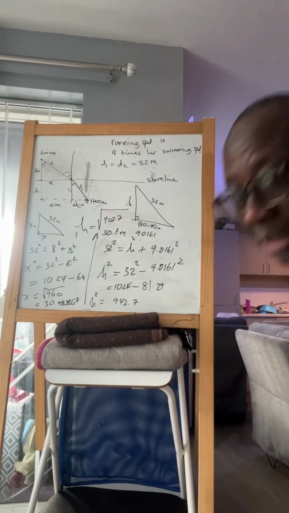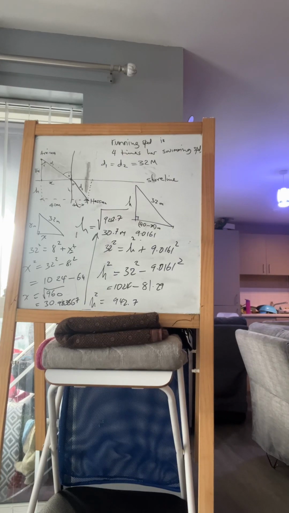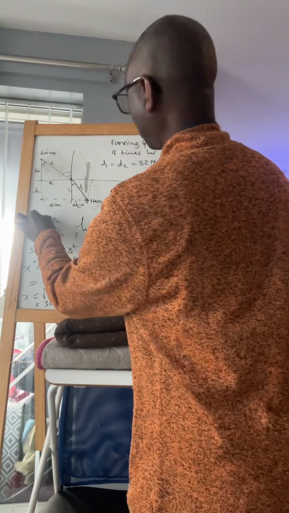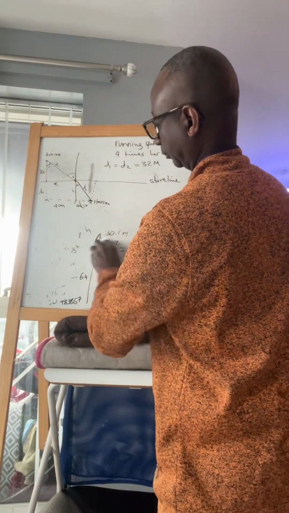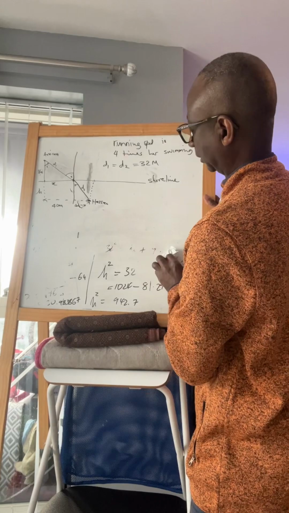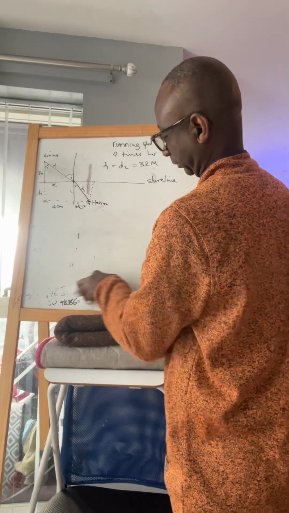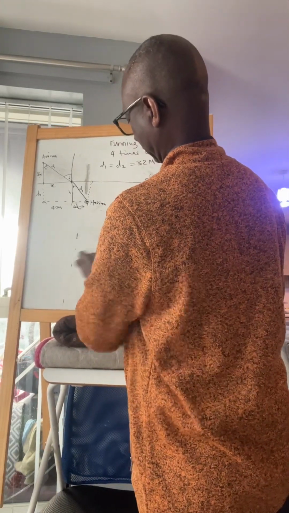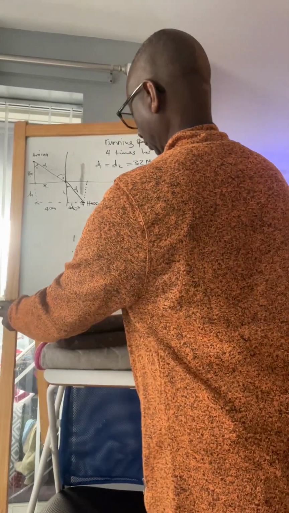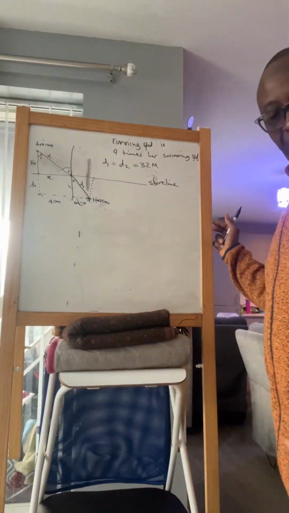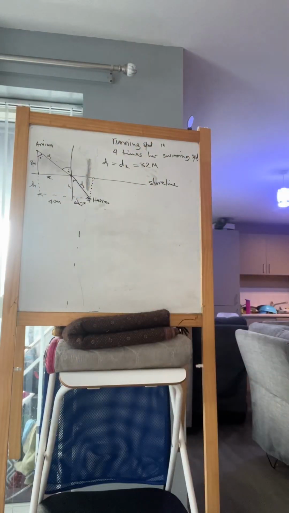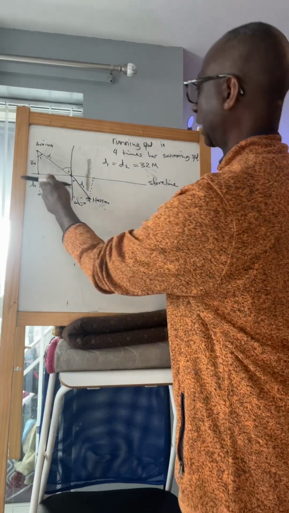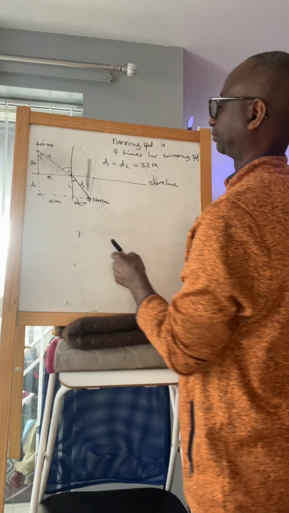Final answer. I think we can do it a lot better if we approach it this way. Let's approach it in a simple way. That's actually very interesting. Now we need this h.